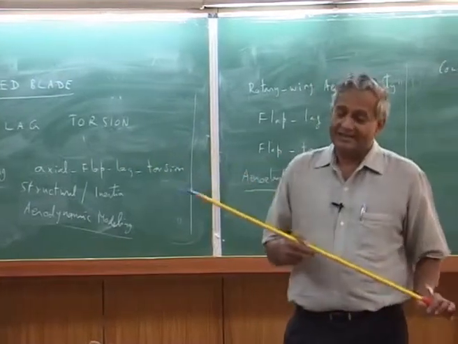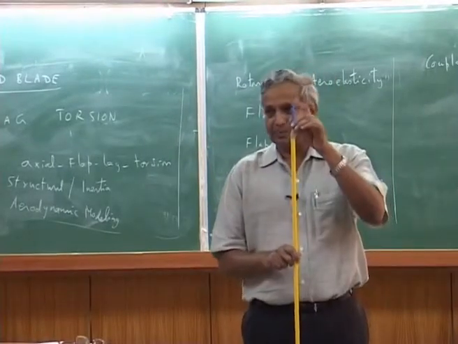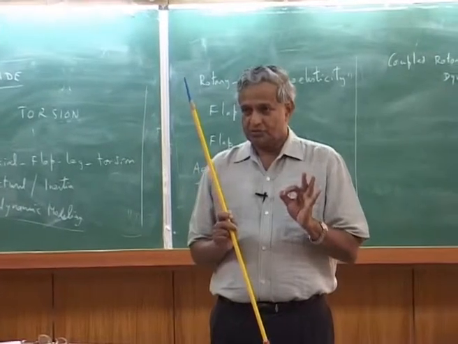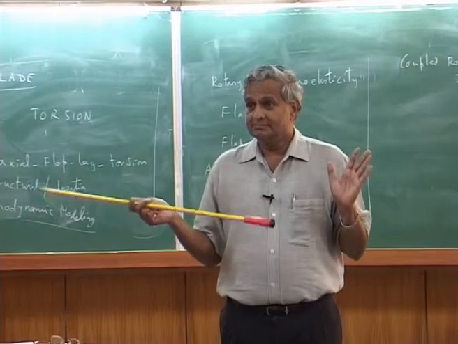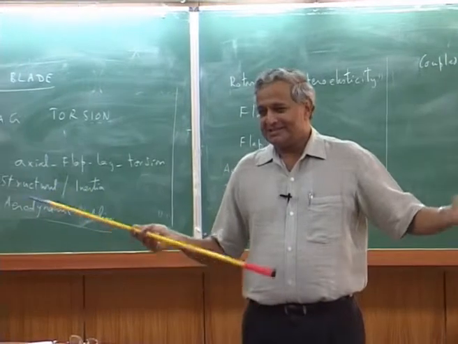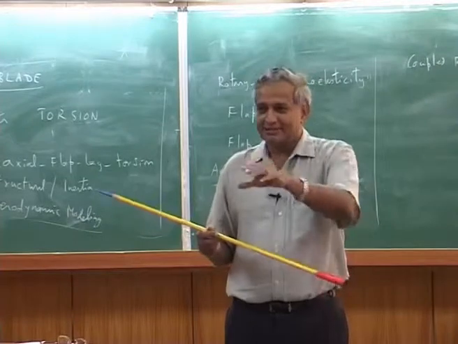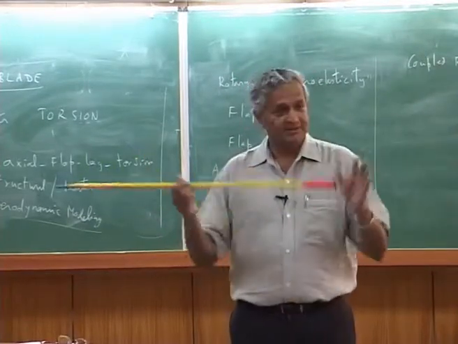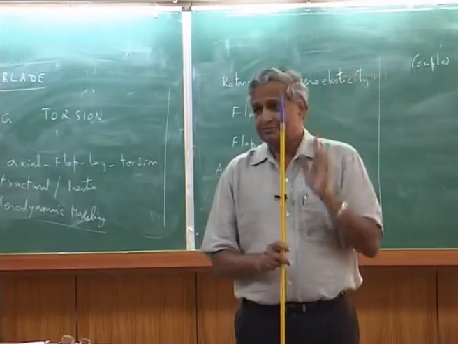Otherwise, there is something called tracking and balancing. Tracking means you want to track the tip path, because all the blades must do the same motion, since all of them are identical, right? No two blades are identical. There is always some difference. They have a criterion by which they bring the mass and the first moment within some limit. After that they put the blade on, rotate it, and they have a color code.